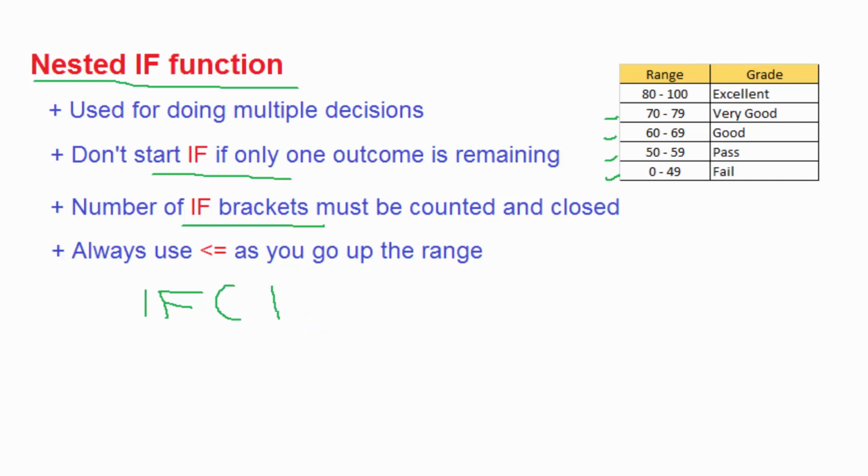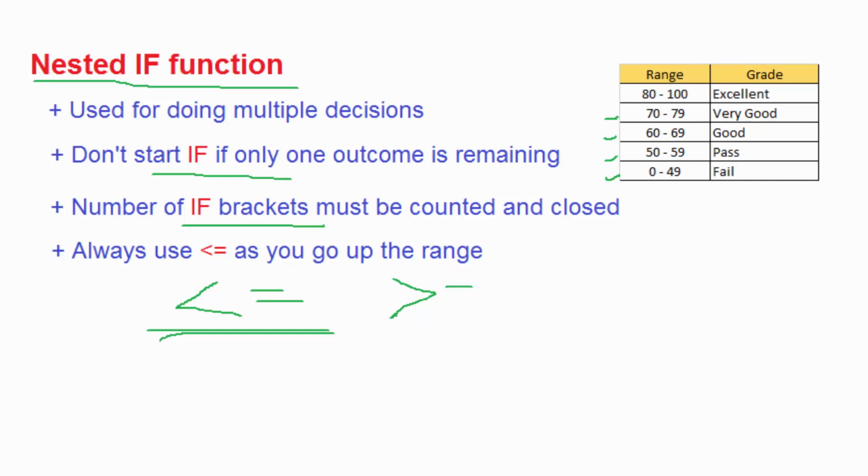And finally, we can see here there are what we call comparison operators to use. Here, always use the less than or equal to. This one I will advise you to use, and it will make your work easier. Don't use the greater than or equal to.